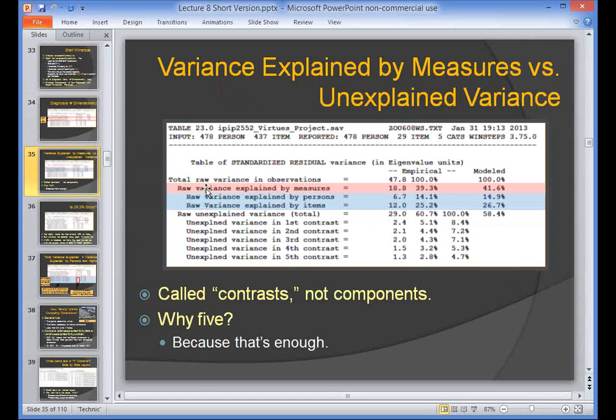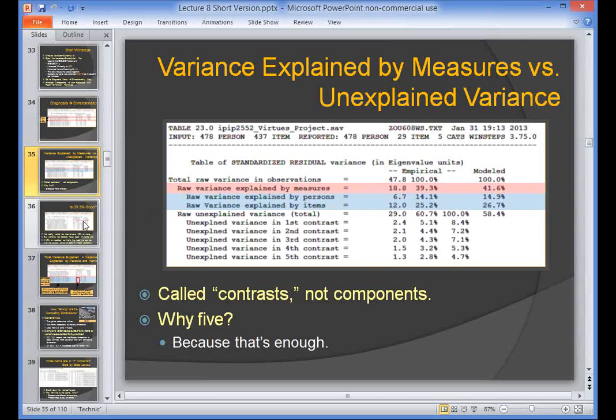And then the raw variance explained by the measures is broken up into the raw variance explained by the persons and the raw variance explained by the items. That's pretty cool, right? You can't possibly imagine SPSS ever coming up with anything like this. To be able to break the variance down into that explained by the persons and items, that's pretty nice.